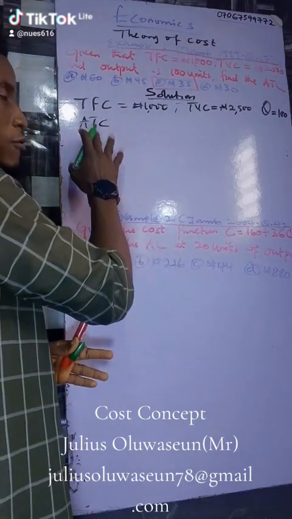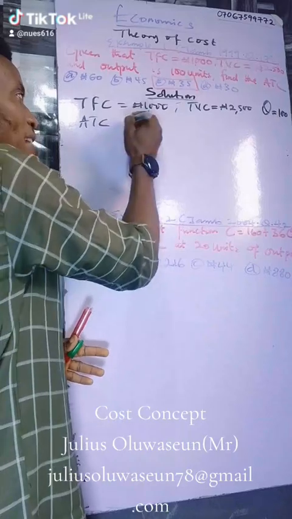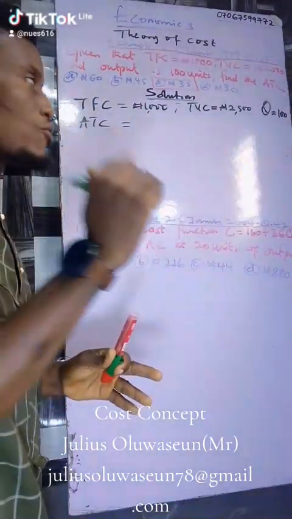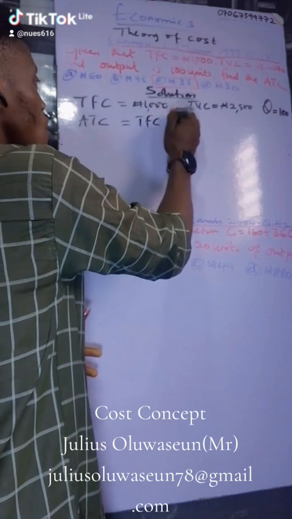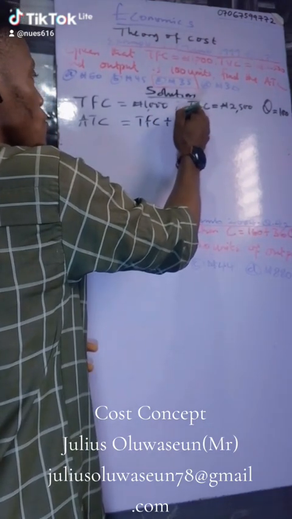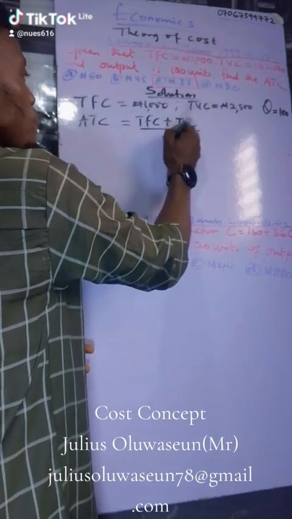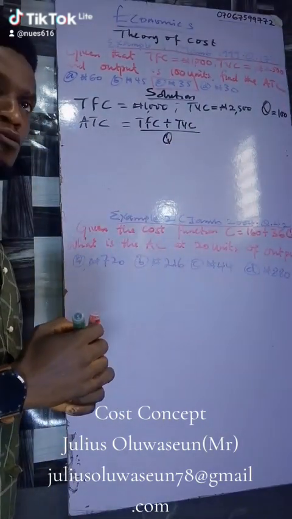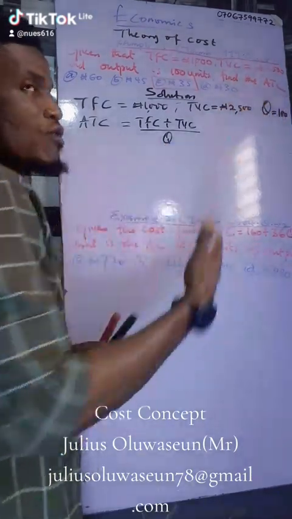In my previous class, I said that our average total cost is a function of total fixed cost plus total variable cost, all over Q, which is output. We have been given the value of our output to be 100 units.